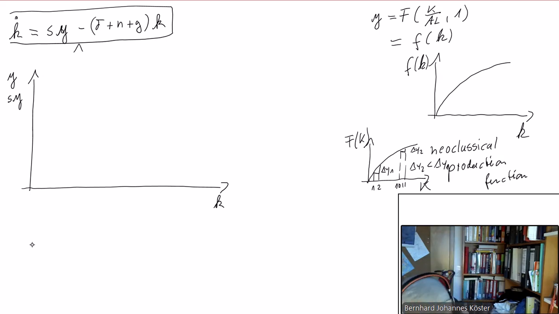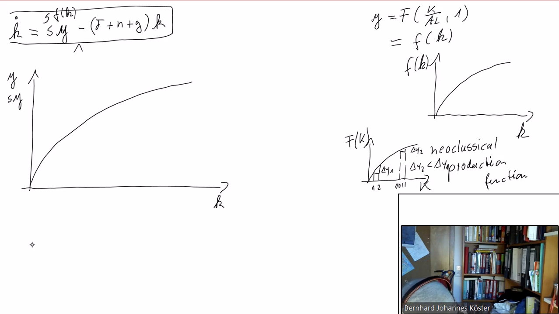This we find also here, S times f of K. So then we just draw this total production.